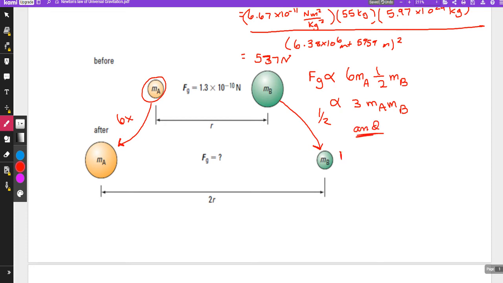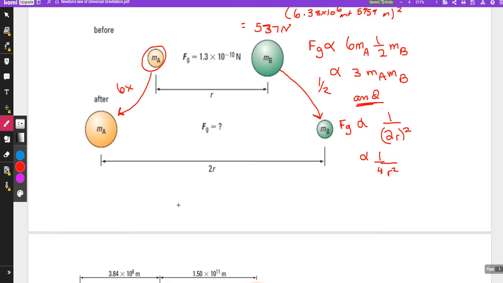We also have the FG in relation to the distance and how that is proportional. So this is halved, so we have (2R) squared, which means that it is proportional to 1/4 R squared. So the factor change of FG is going to be these guys together.